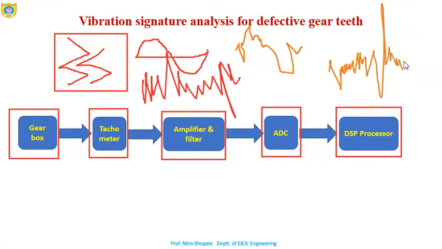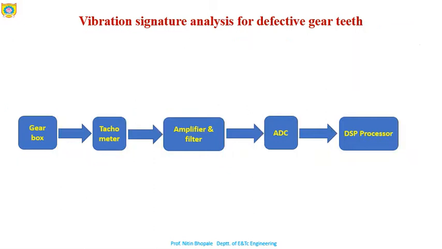This will guide me that the spectrum shown over here is distorted or noisy. By observing the related spectrum we can guess that the system gearbox has defective gear teeth. So this is how we can trace out, with the help of the spectrum as well as by using the DSP processor, whether the system is faulty or not.